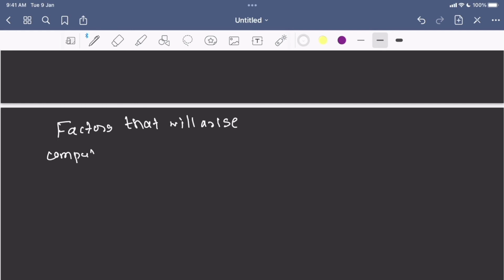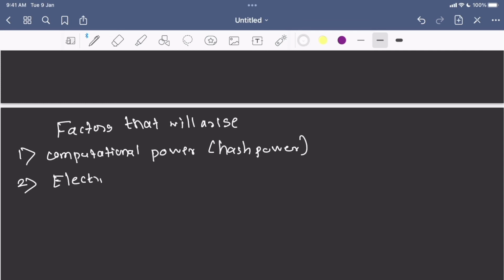Computational power. He will need a hell of a lot of computational power, or as they say, hash power. He will need a lot of electricity or energy resources, and a hell of a lot of infrastructure.